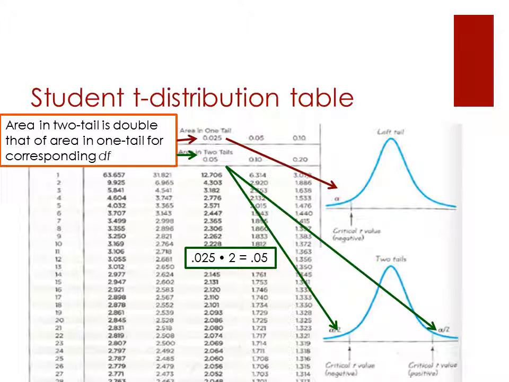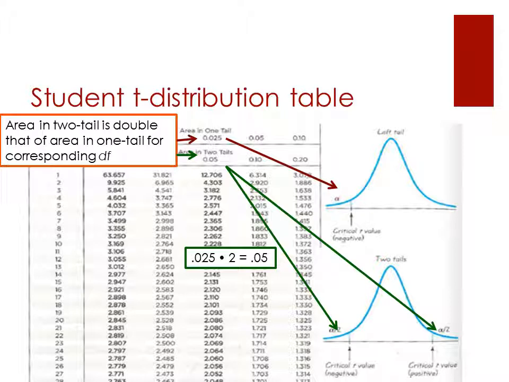So, for example, if we follow our degrees of freedom 6 here on the left and follow this across, we're going to see that the t critical value for a two tail at 0.05 is the same as the critical value for a one tail at 0.025. So if you need to, take a few minutes, pause the video here, go through and make sure you're familiar with how this part of the t distribution table works.